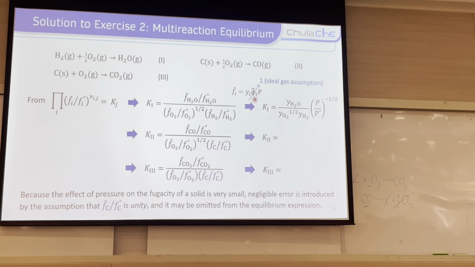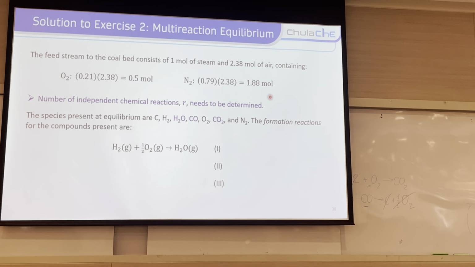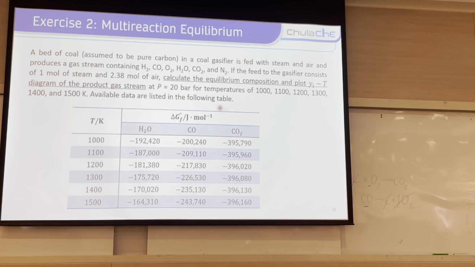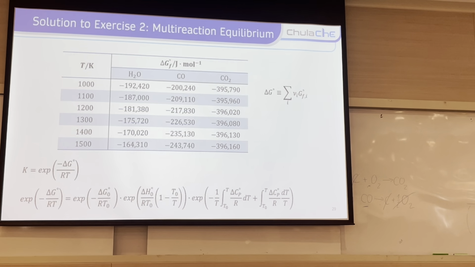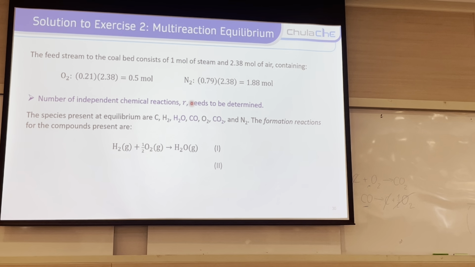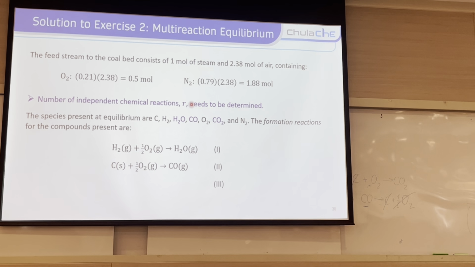In this sample, they use the ideal gas assumption. But if you look at the pressure of the system, actually it's very high. It's 21. Actually, it's not very justifiable to use the ideal gas assumption here, but I think it is just for seeing the calculation procedure.